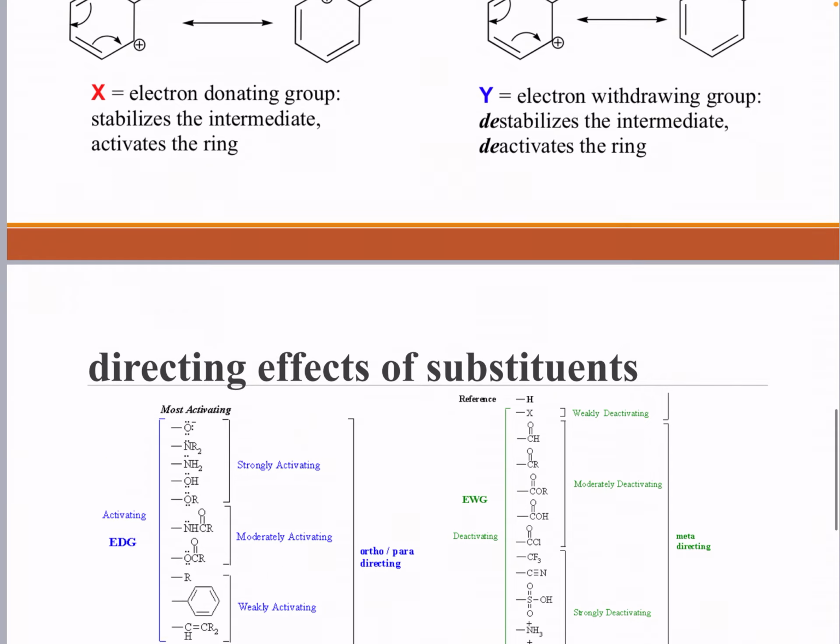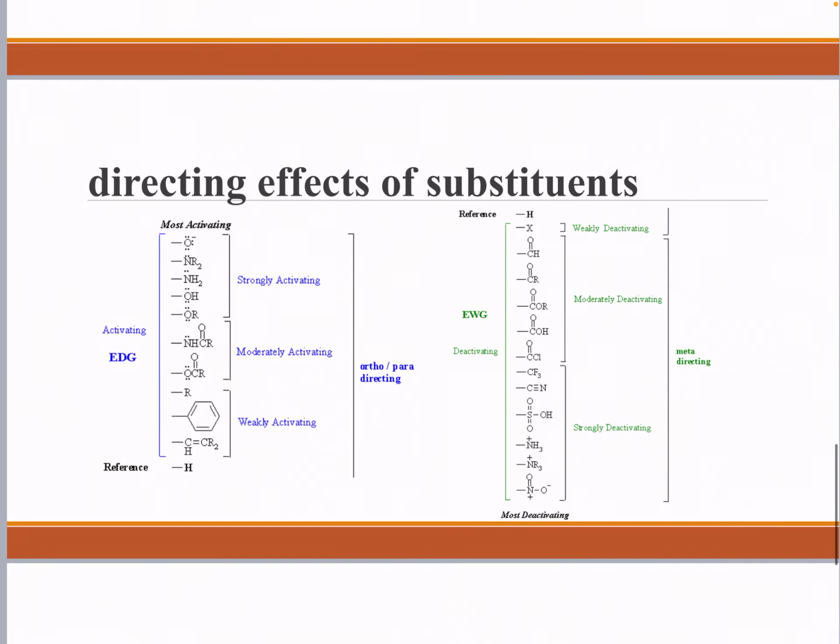The next thing you will need to know is the directing effect of the substituent. Some of the substituents are strongly activating and also para-directing, and some are deactivating and meta-directing.